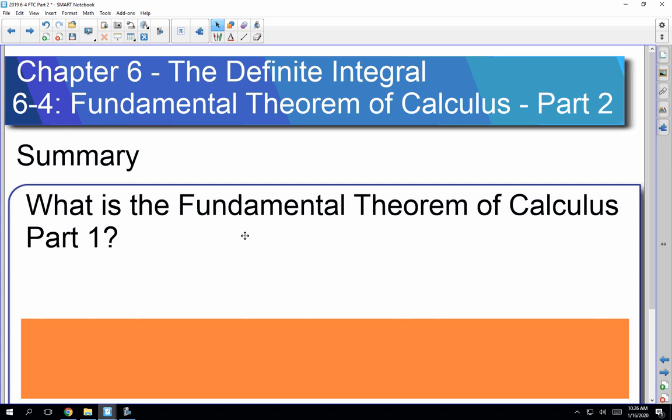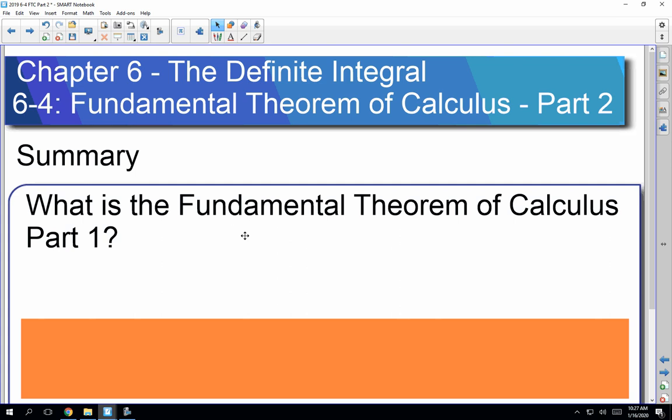Yes, you plug in the upper limit and the lower limit, and you subtract them, and there you go. In the textbook, that's actually part 2, but it doesn't matter. I'll just call it the evaluation part and the antiderivative part. The evaluation part is what Sean just described. If you know the antiderivative, you plug in the b and the a and subtract them. That's the evaluation part.